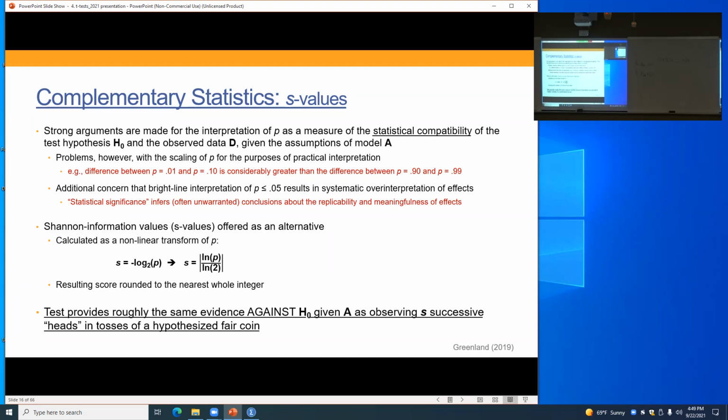This will give us a value that we can then round into a whole integer. This starts to provide something more intuitive in terms of thinking about evidence for and against, okay? So this S value, we can interpret as roughly the same evidence against the null hypothesis as observing S successive heads in tosses of a hypothesized fair coin, okay?